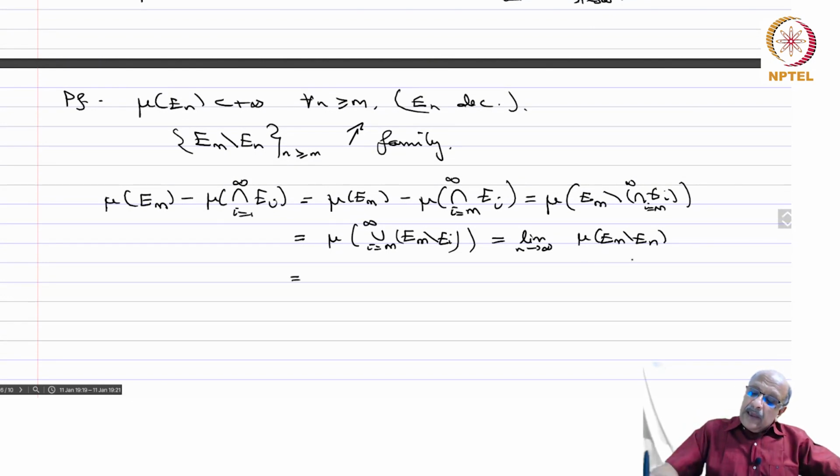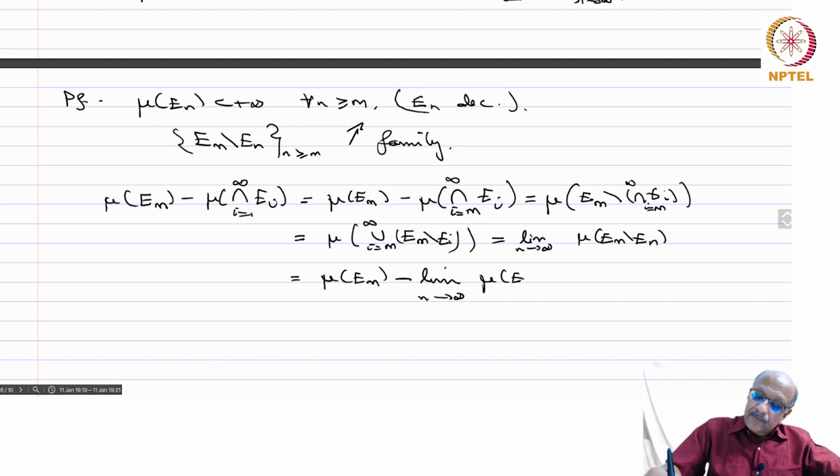And mu of E_m minus E_n is mu E_m minus mu E_n. Mu E_m is a constant, so this is equal to mu E_m minus limit n tending to infinity mu of E_n. And now, because mu E_m is finite, I can cancel it on both sides, and therefore I get the result which I need.